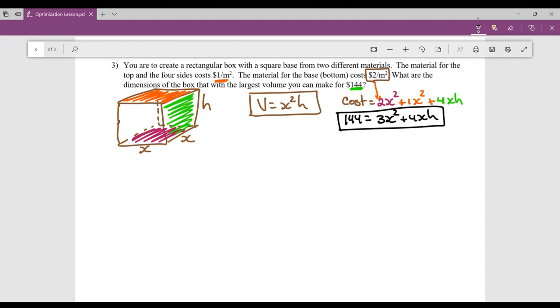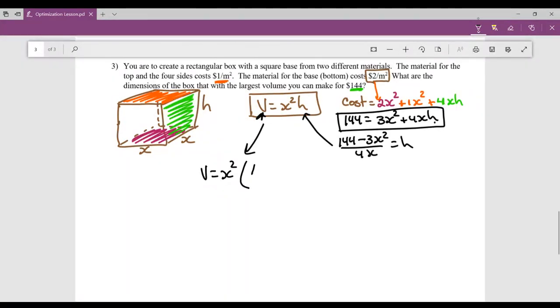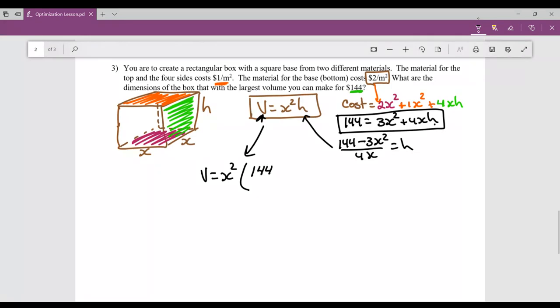Again, we want to maximize the volume, so this is the formula we need to derive. I need to get rid of one of these variables. Again, easiest to solve for h here. So h equals 144 minus 3x squared divided by 4x, and then that gets subbed in there. Now I have V equal to x squared times (144 minus 3x squared) over 4x.